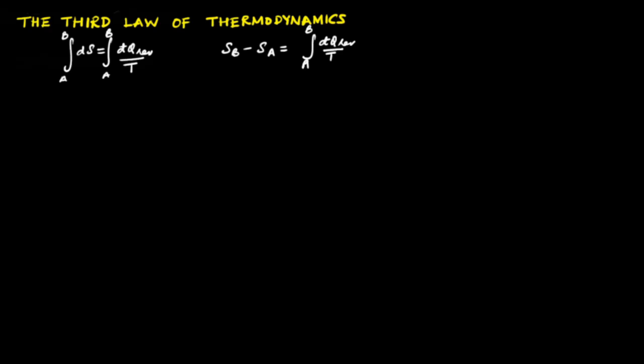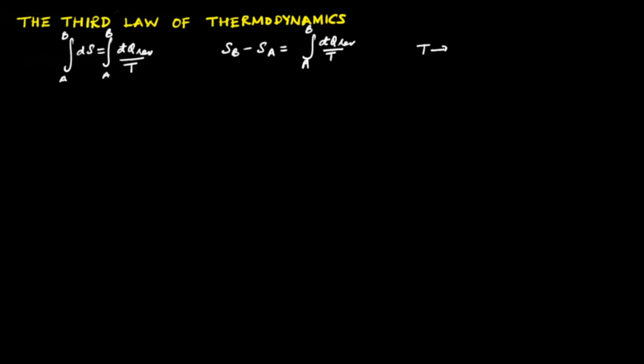So the second law allows us to evaluate entropy up to an additive constant. So if we choose state A as the reference state, then we can determine the entropy at state B up to an additive constant. But the third law ascribes a universal value to this additive constant in the limit that T tends to 0.